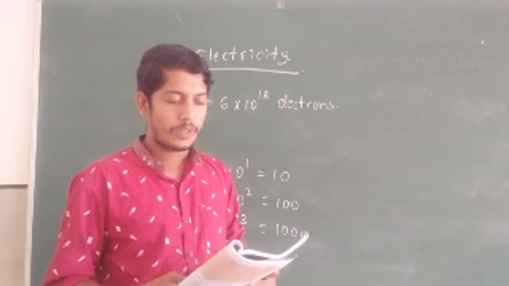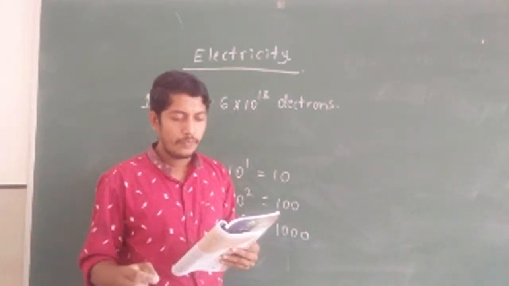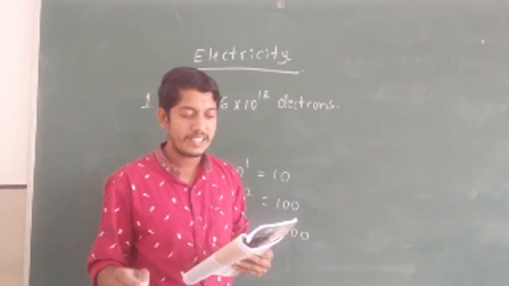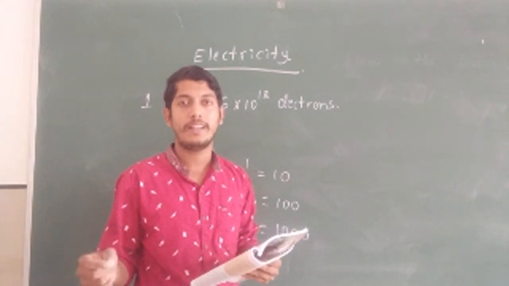Next, we know that an electron possesses a negative charge of 1.6 into 10 raised to minus 19 coulomb.